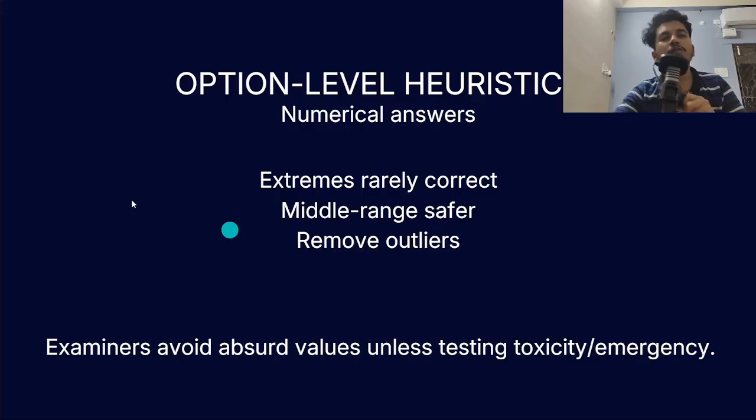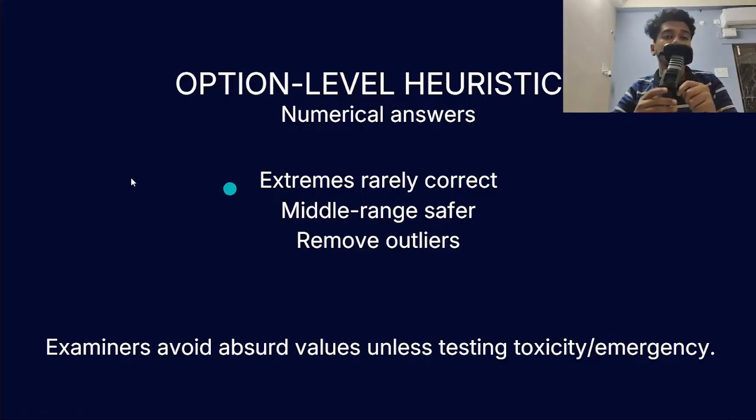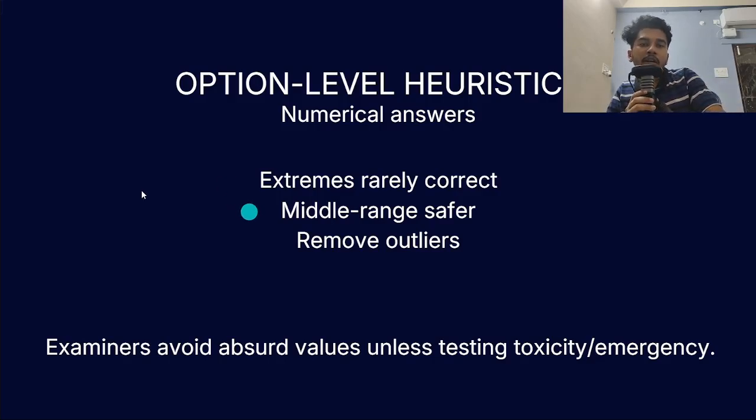So here, what we can generally assume is that extreme answers are rarely correct. We are going to assume that extreme answers are rarely correct, that middle range answers are safer, and we are going to remove outliers. Why are we going to do this? Because of the way human minds work, you cannot just give the correct answer when all of them are numbers.